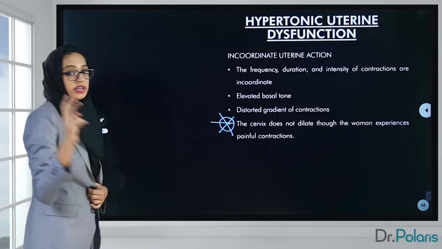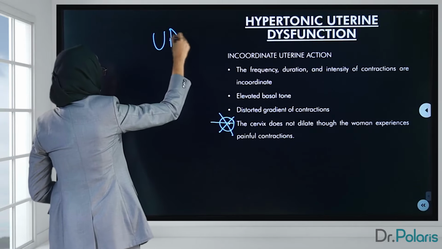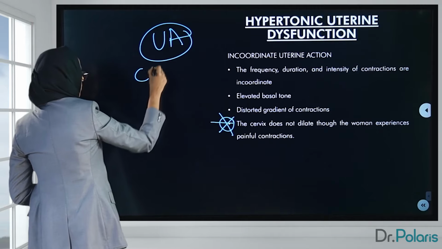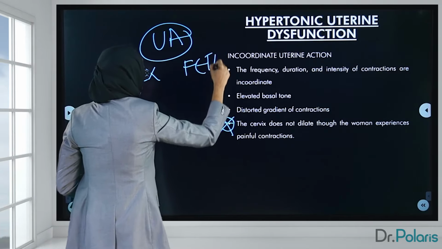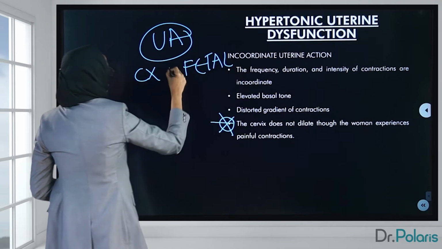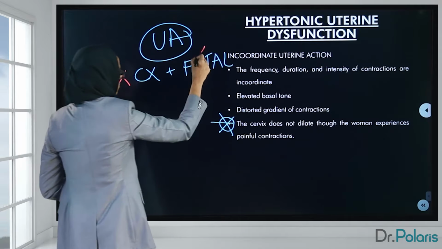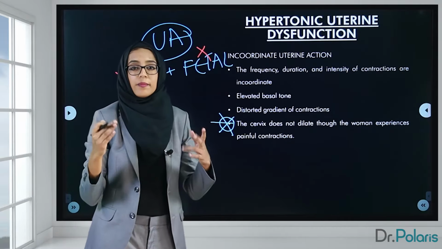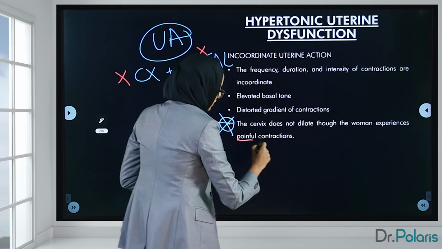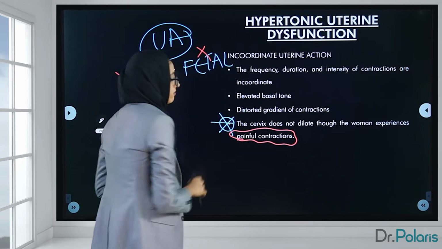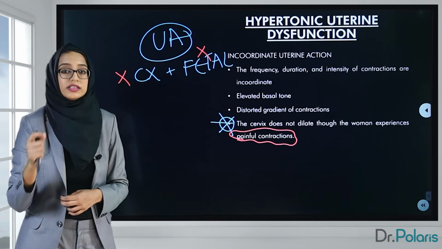Remember, I told you two things were important for a good uterine action. A good uterine action is going to cause changes in the cervix and help with fetal descent, flexion, internal rotation, right? Now, you have an incoordinate uterine action. This is not going to happen, and you're going to have an abnormal progress of labor. That is not the only thing. The woman is going to experience extremely painful contractions, which is going to distress her and cause emotional distress.